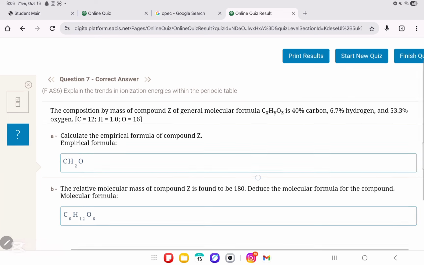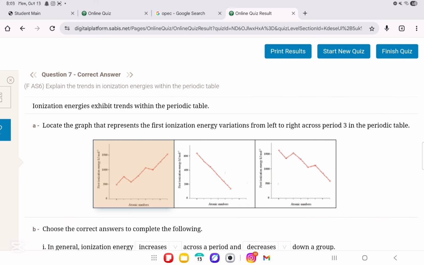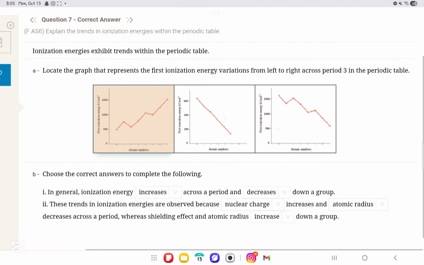What does it say in question number 7? Ionization energies exhibit trends within the periodic table. Locate the graph that represents the first ionization energy variations from left to right across period 3 in the periodic table. So they're talking about ionization across a period.